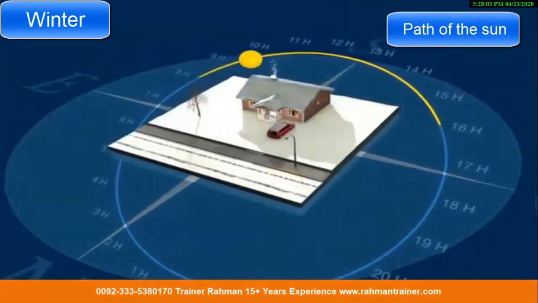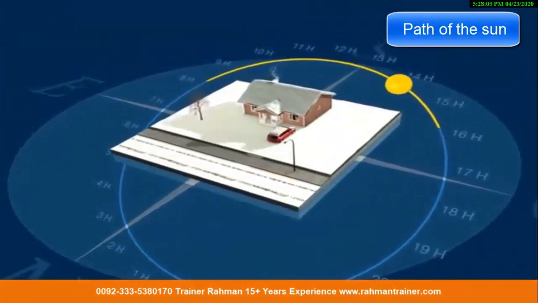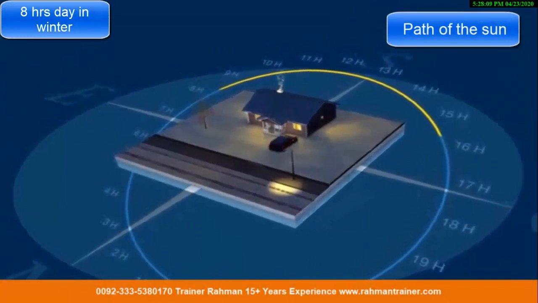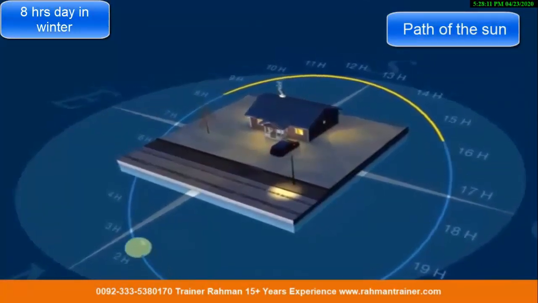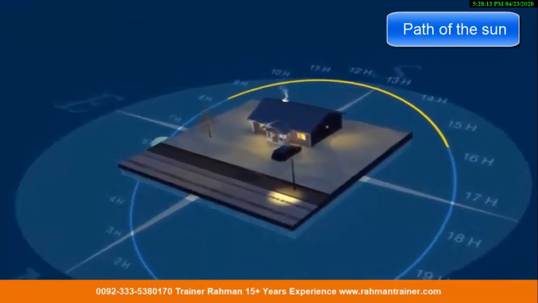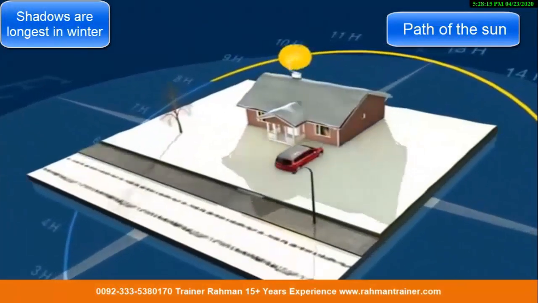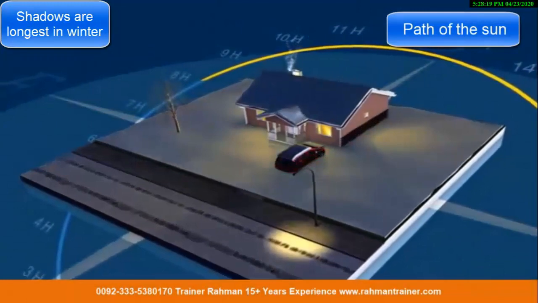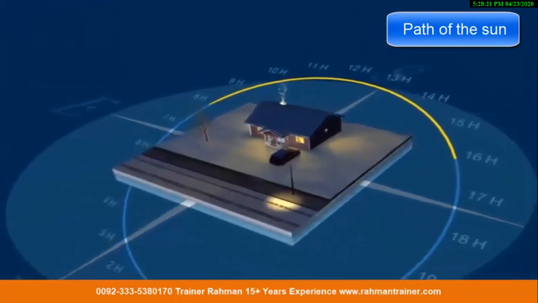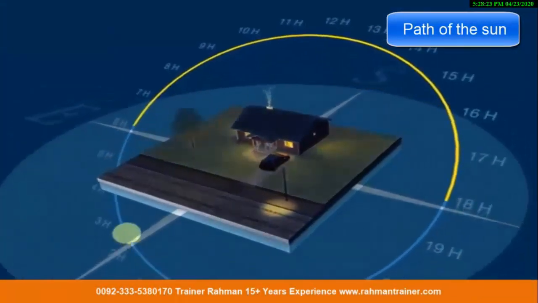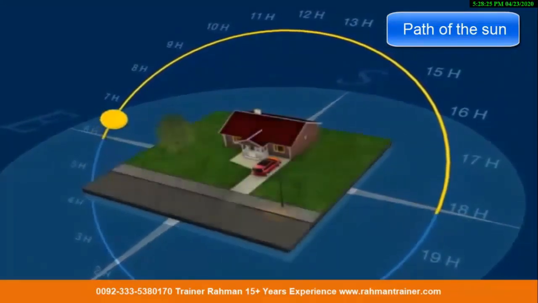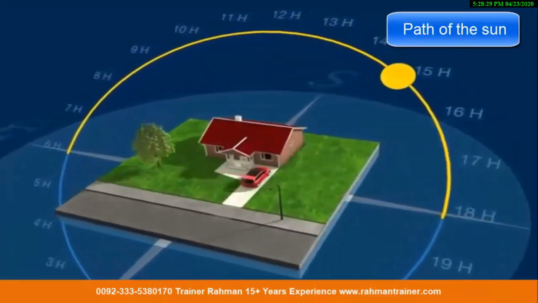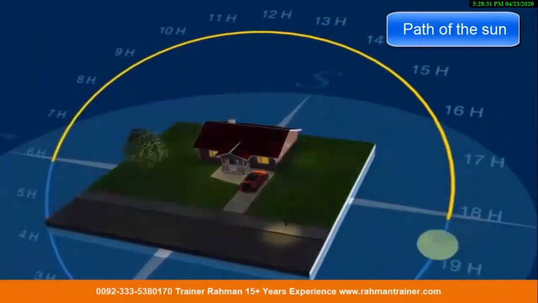the day is shortened. It is only of 8 hours. Watch closely. The shadows in the winter are at their maximum. Again, before summer, the day is of 12 hours.